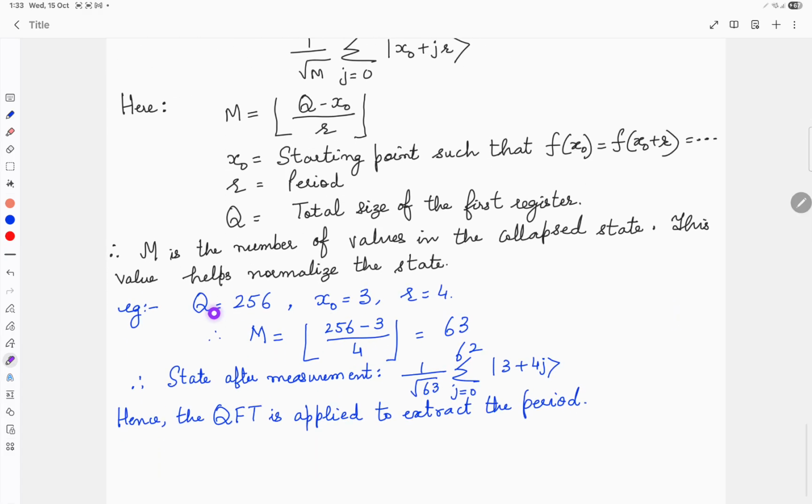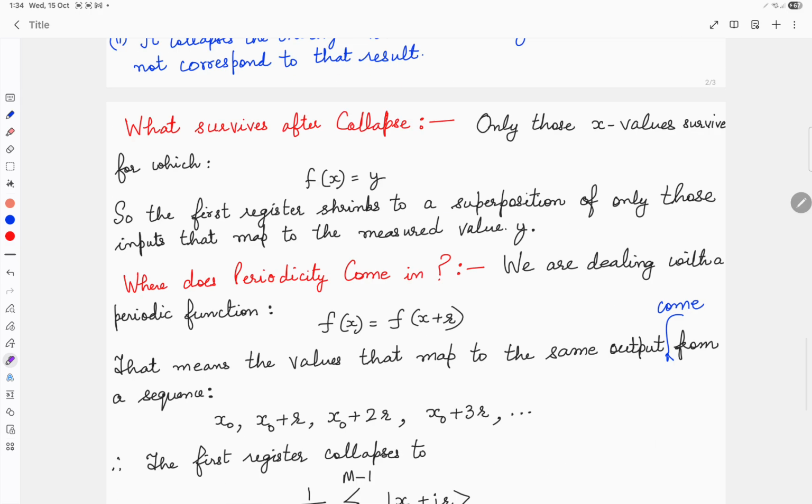Let us take an example in which q is 256, x0 is 3 and r is 4. Therefore m will come out to be 63. The state of the first register after collapse is given by this. Hence the QFT is applied to extract the period.